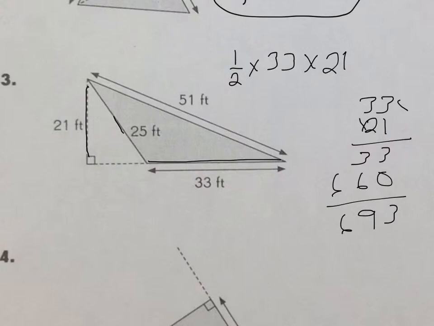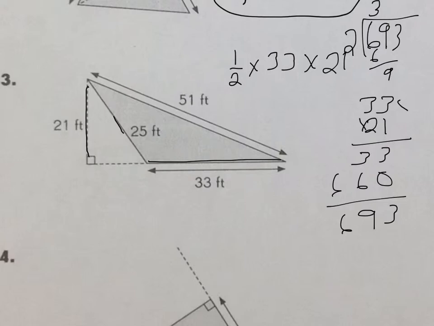Now I'm going to divide that in half, and I see that it is odd, so I will get a half. So 693 divided by 2 gives me 3, and then I bring my 9 down.